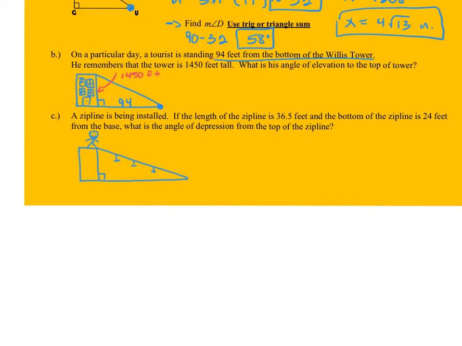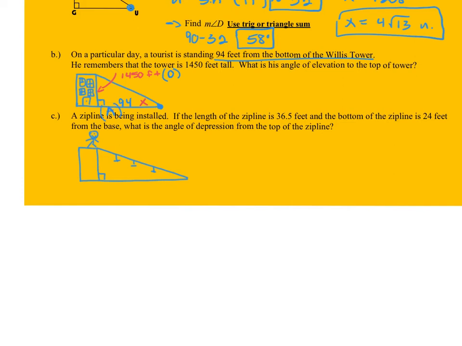So we want to know what is the tourist's angle of elevation looking up to the top of the building. Remember, it starts as a horizontal and opens up. So this is going to be an X. So now, the height of the building is going to be the opposite. The 94 is going to be the adjacent.